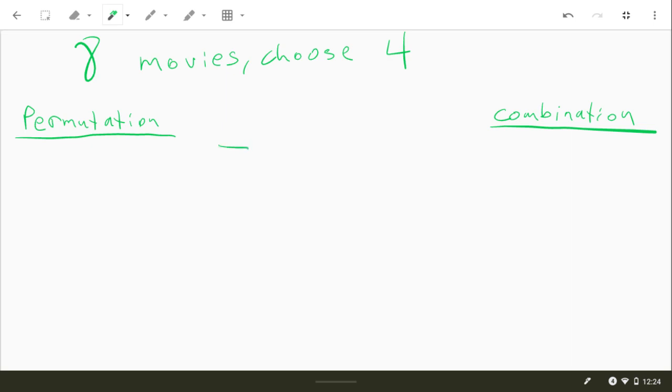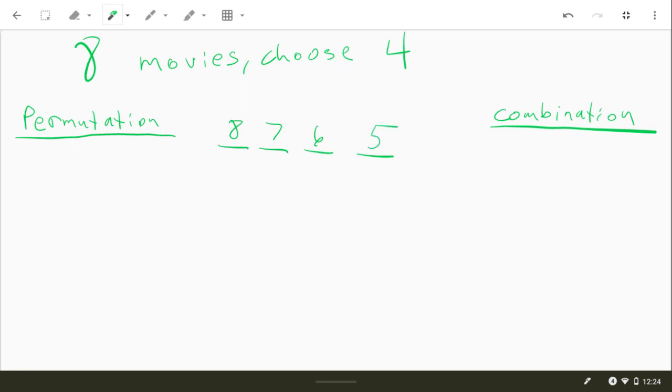So we're going to set up our little multiplication rule. For the first choice, you have to choose one of those 8 movies to watch first. So that's going to be 8. Then you have to choose, from the remaining movies, a second movie to watch. So for your second choice, you have 7 options. For your third choice, you have 6 options.